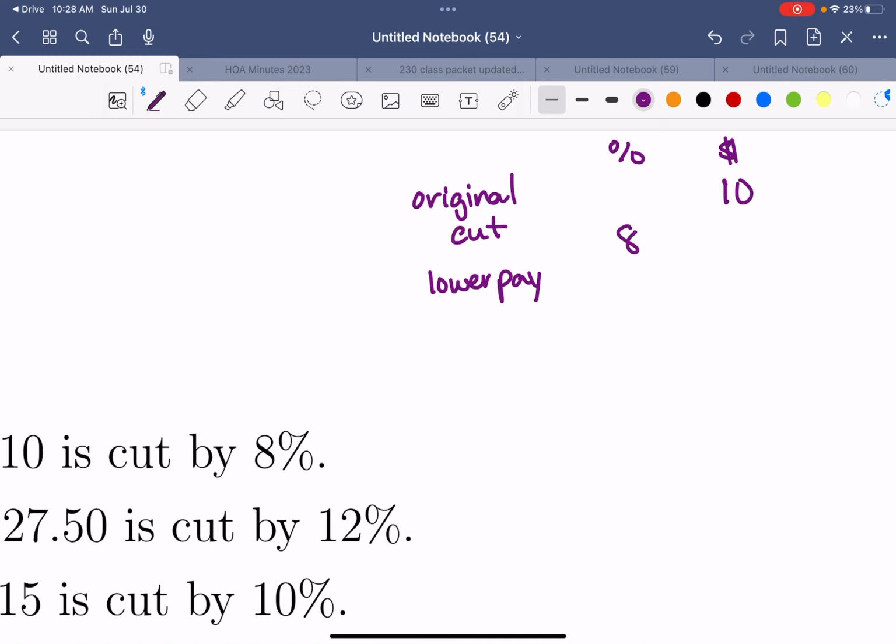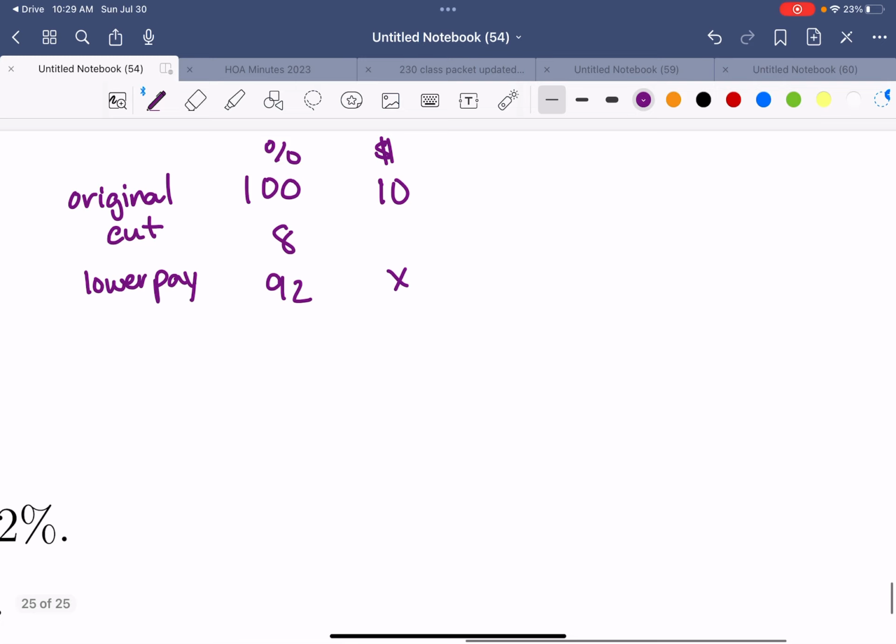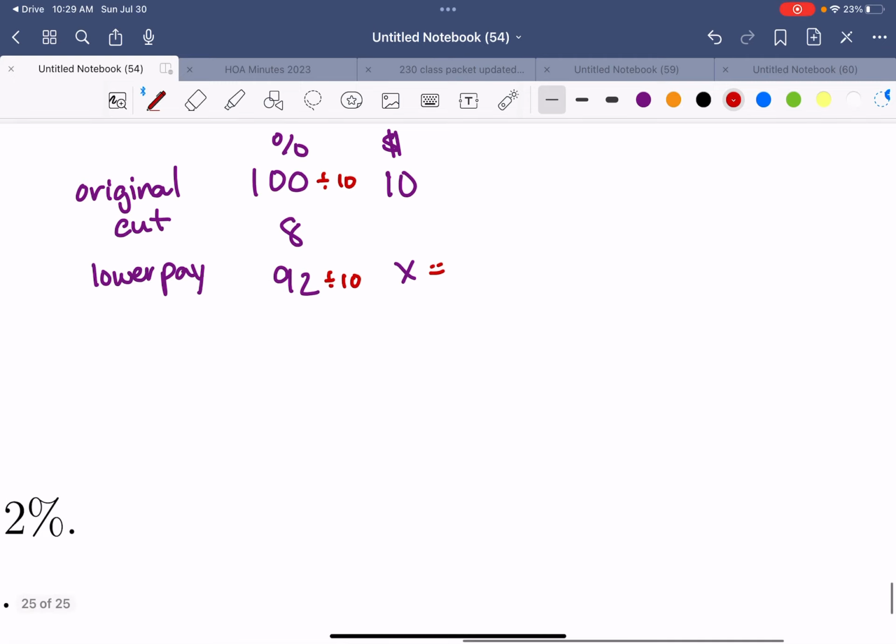We always use the original as the 100, and it's an 8% cut, so this is going to be 92, and we're going to look for this value. We can just factor of change this one, divide by 10, right? And so that means that you end up with a lower pay of $9.20. So that's your lower pay.